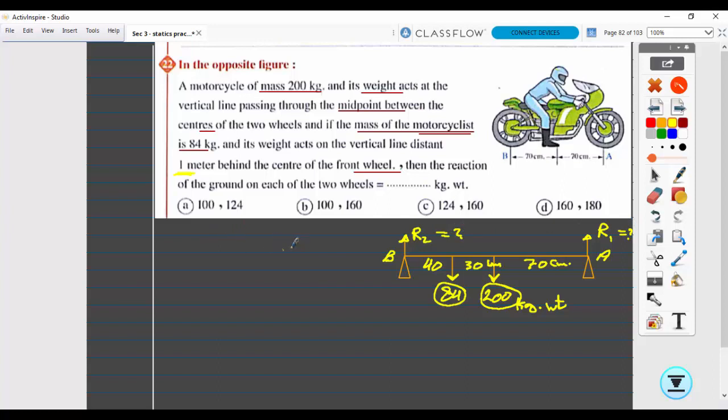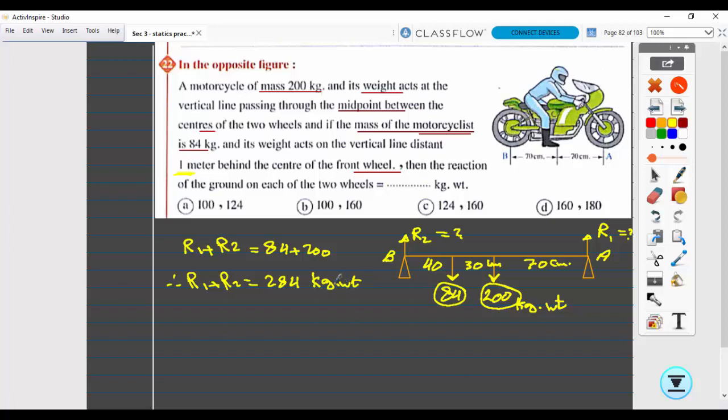So in equilibrium, R1 plus R2 equals 84 plus 200. So R1 plus R2 equals 84 plus 200, which equals 284 kilogram weight.